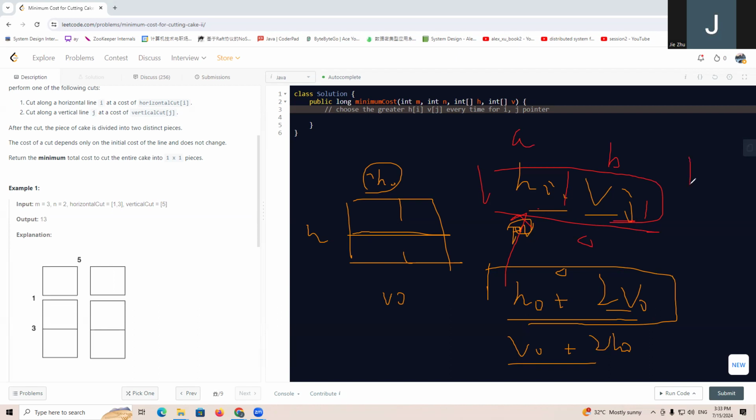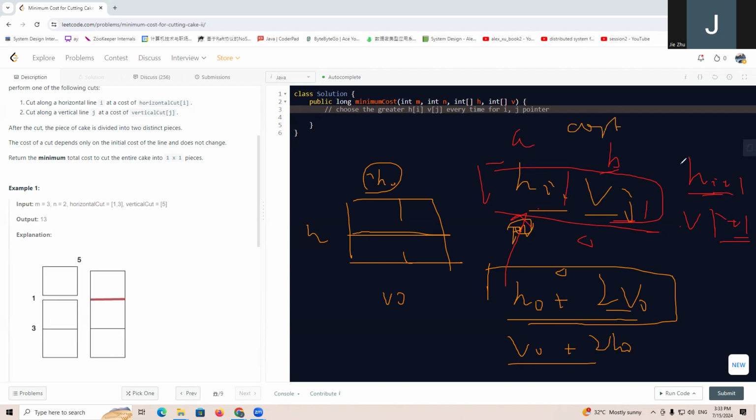So for i plus 1 and j plus 1, to minimize our cost, we also compare h[i+1] and v[j+1], right? So assume the previous cost is cost.